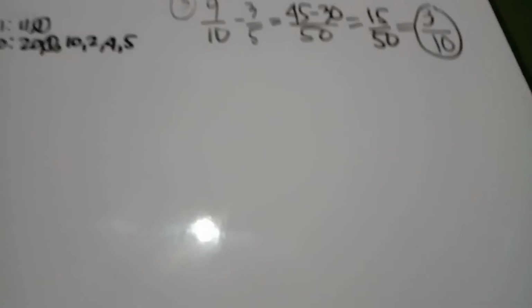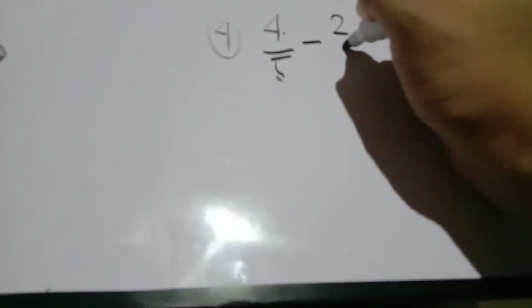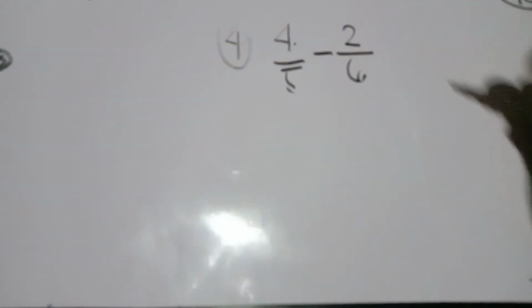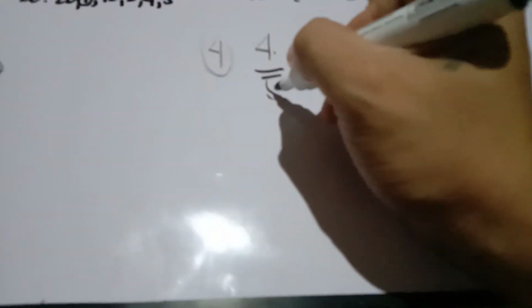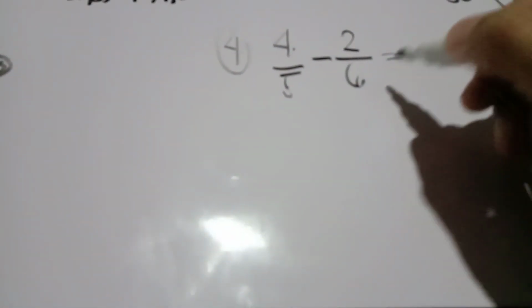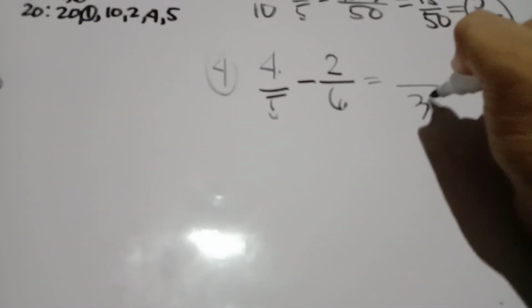Okay, so another example. Let's try 4/5 minus 2/6. So multiply 5 and 6. 5 times 6 is equal to 30.